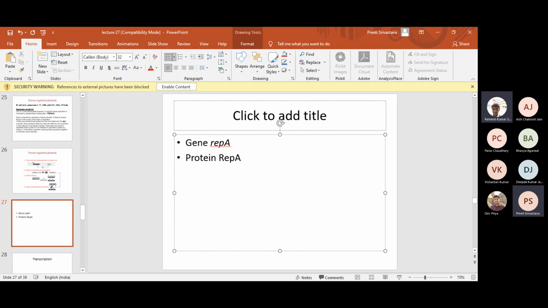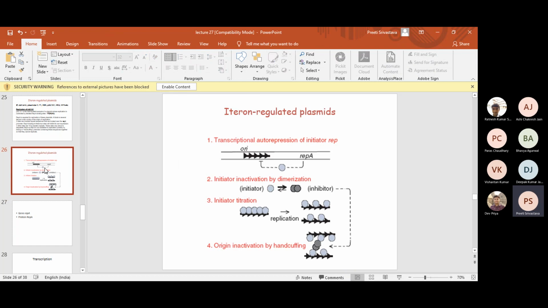For dnaA also, if it's a gene, you write in small, for example small d and then n, a, and then A. And when it's a protein, it's DnaA, but D becomes capital. And this rule is applicable for all the genes, whether it's insulin, whether it's whatever. Okay?